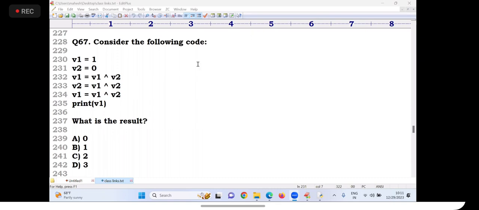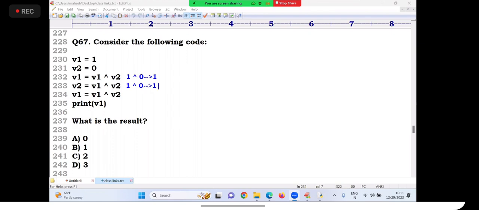The correct one is, first of all check this. Line number 230, 231, V1 is 1, V2 is 0. Okay, fine. Now here, sir, in this case 1 XOR 0. What is the result? 1. Now V1 will become 1. Okay? Fine. Now V1 is 1, XOR what is the V2? 0.